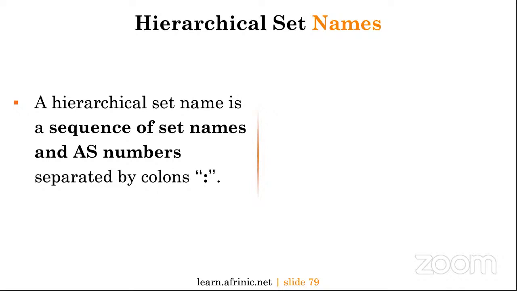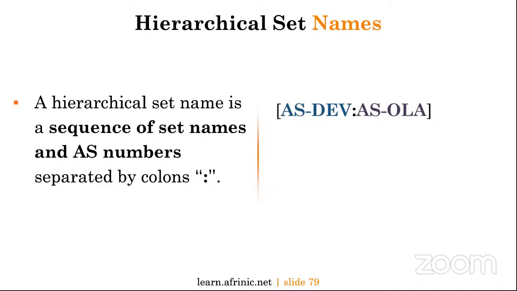When you have AS hyphen my name, anybody can create that kind of AS set within the routing registry. Now, that doesn't make it that secure, but there's a secure way of creating AS sets within the routing registry, and that's the hierarchical way.